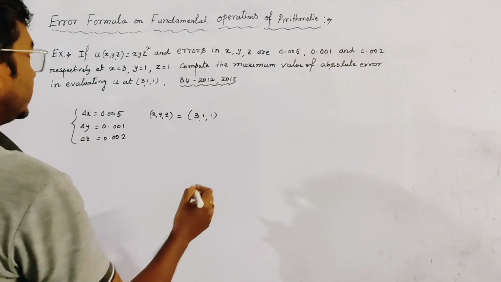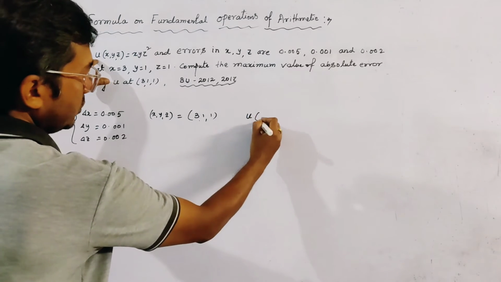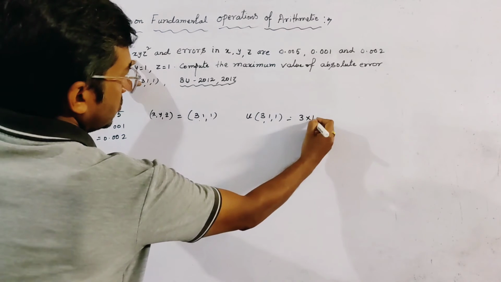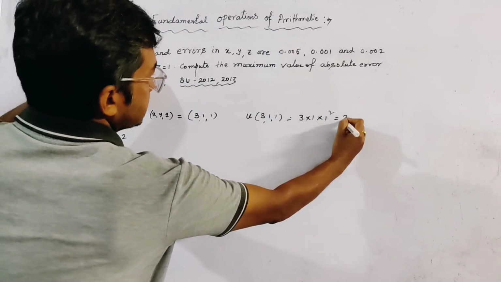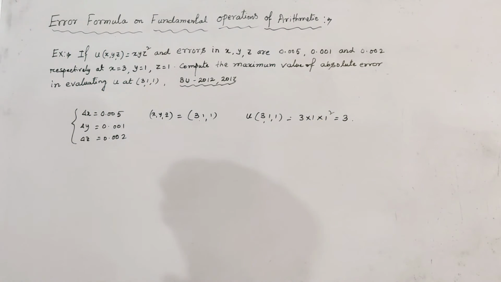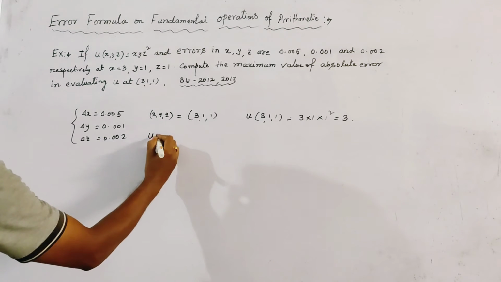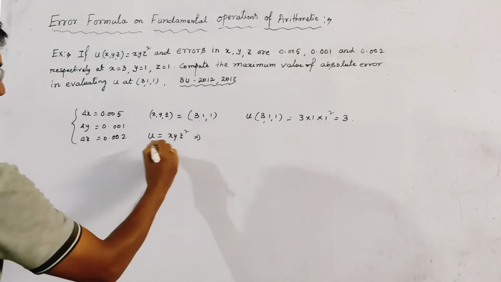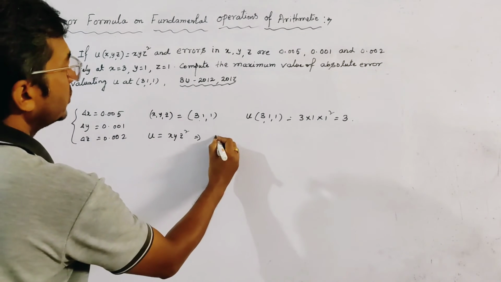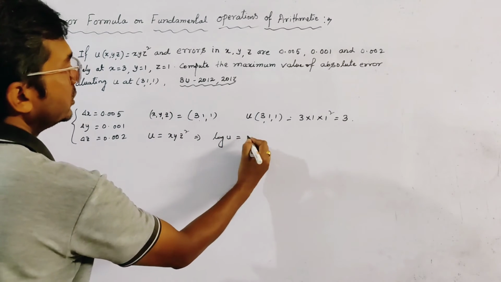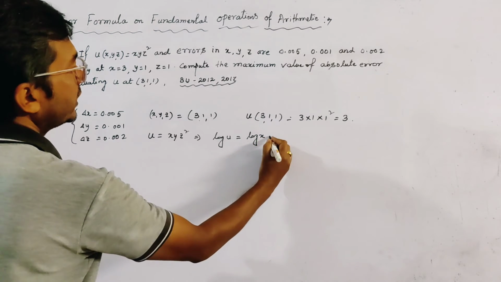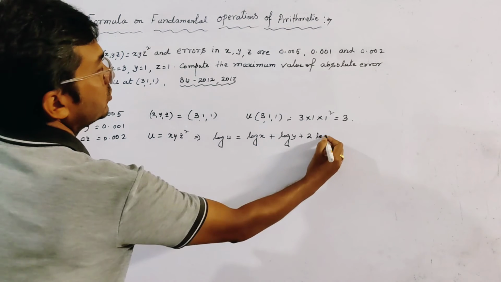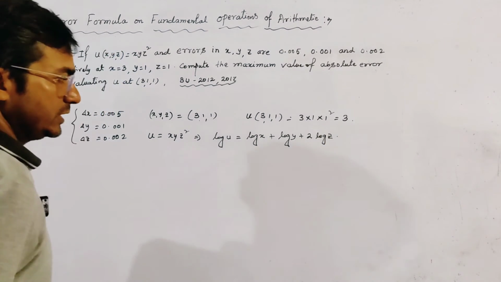We first find the true value of u, that is u(3, 1, 1) = 3 into 1 into 1 squared, which is 3. Now we take u = xyz and take logarithm on both sides. We get log u = log x + log y + 2 log z.